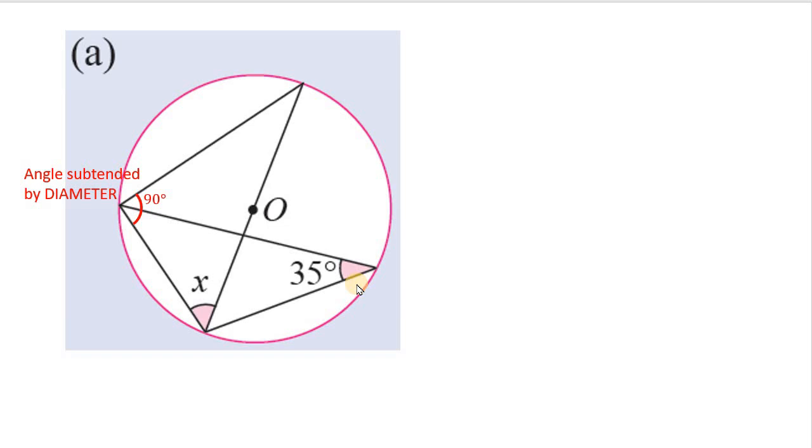Another concept we apply in this question is that the angle subtended by the same arc on the circumference will be the same. So this angle will be 35 degrees because it's subtended by the same arc as this angle. We apply all these into the diagram and find this triangle.